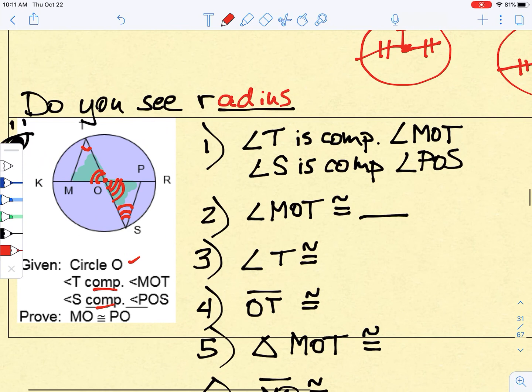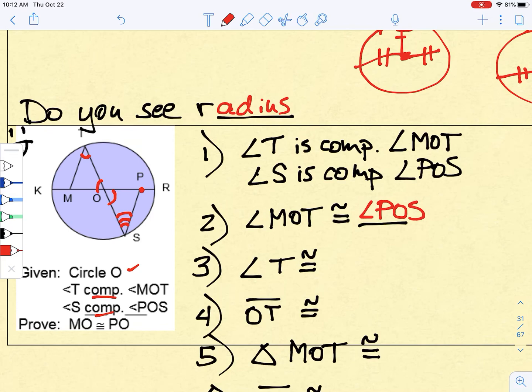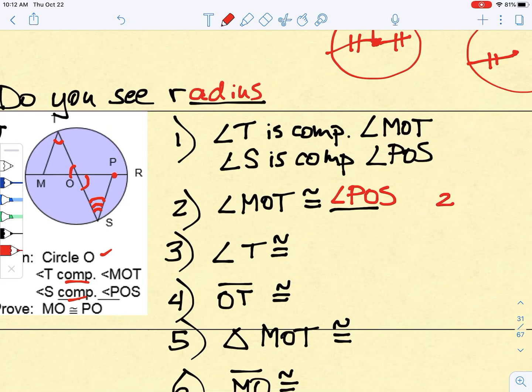All right, so angle MOT has to be congruent to angle POS or ROS, wouldn't matter how you name that, okay? P is starting from there and R is starting from there, and because those 2 angles are vertical angles, we can now mark them as congruent. And I suppose we should put a justification over here, VAT.